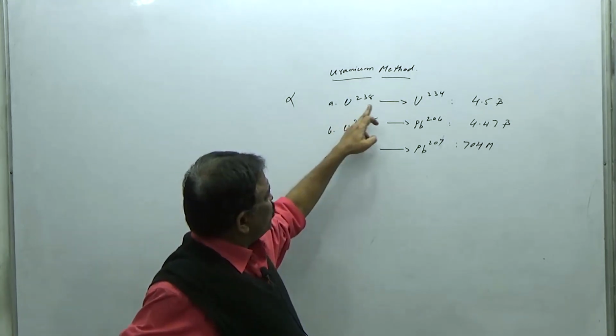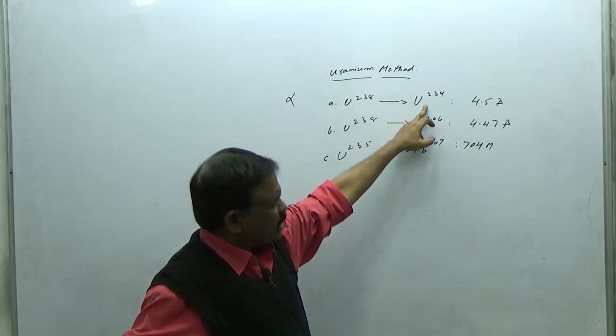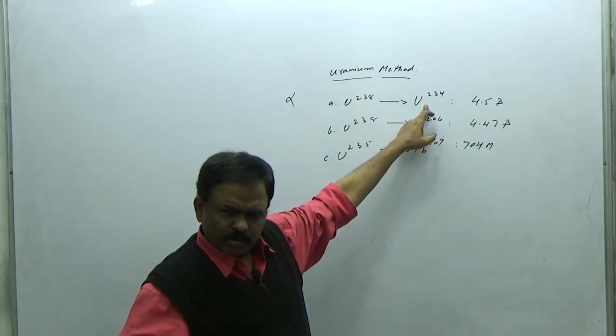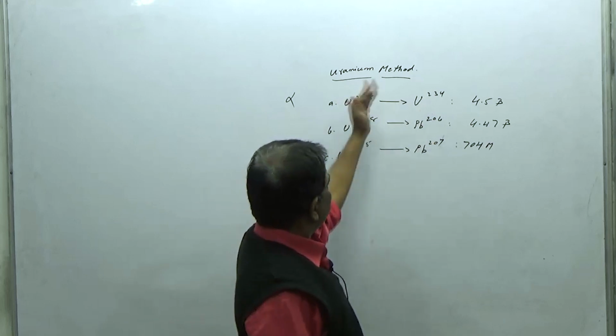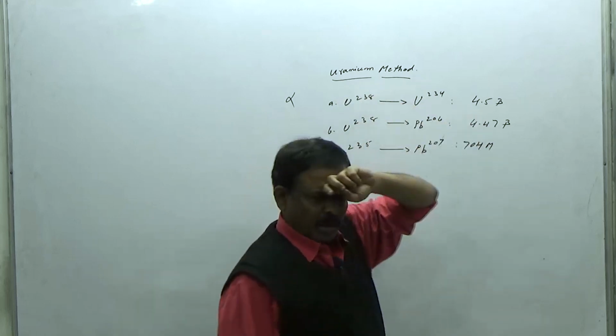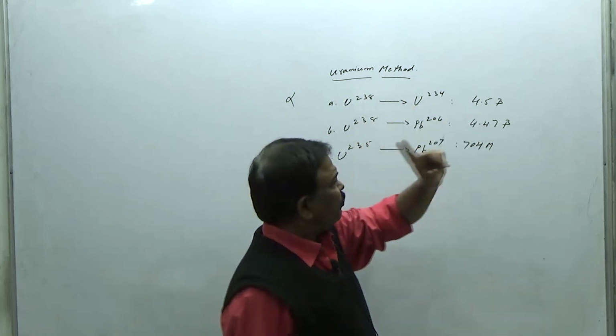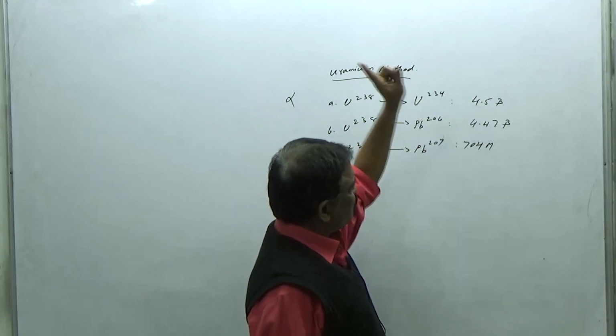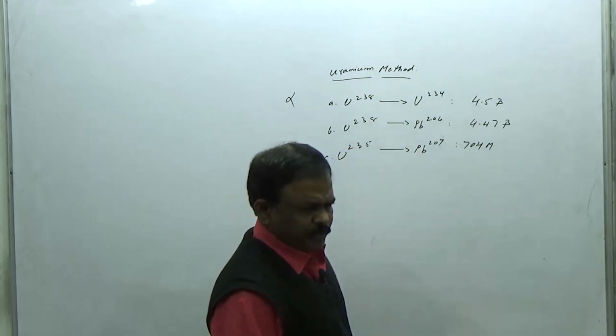Uranium 238 converts into uranium 234, and 50% after 4.5 billion years.